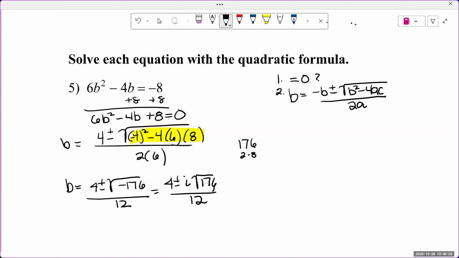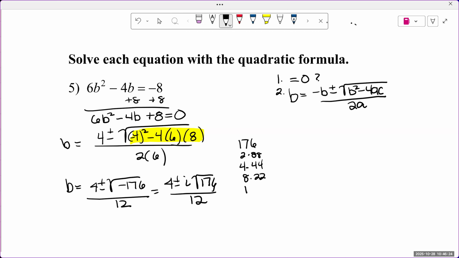176 divided by 2 is 88. I can see that there's no 3 in it. Divided by 4 is 44. Let's see, no 6 because there's no 3. Divided by 8, 176 divided by 8 is 22.